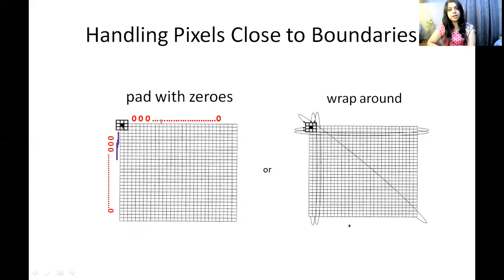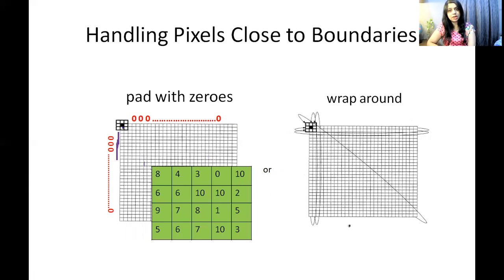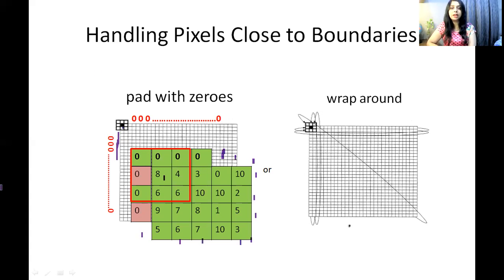In that case, you can pad the boundaries of the image with zeros. So let's say this is our image, and before overlaying the 3x3 mask you should pad your image by putting zeros at all boundaries. Not only where I have shown, zeros should be everywhere at all boundaries, and then you can overlay your 3x3 mask like this and replace the middle pixel intensity by the average. I will explain in detail how to do this.